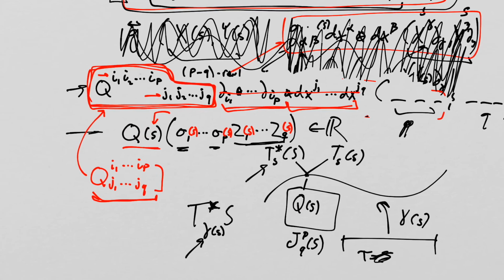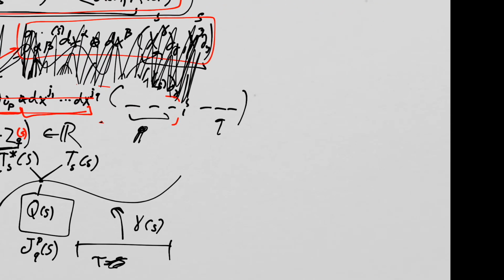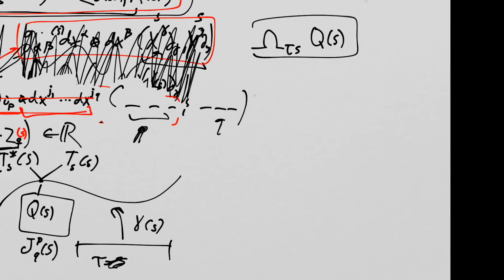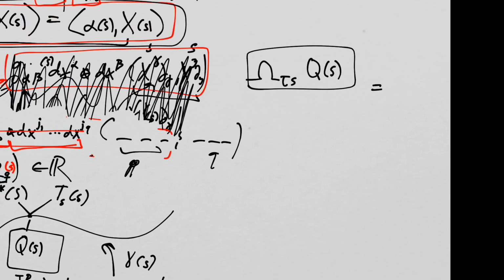Okay, so what does it mean to parallel transport a tensor? What it means is the following simple principle. This is allowed to parallel transport things from S to T. So Q has to start at S, and this object is the parallel transport of Q, and we're going to call that Q of T. This is perpetual grounds for confusion between tensor fields and autoparallel tensors.